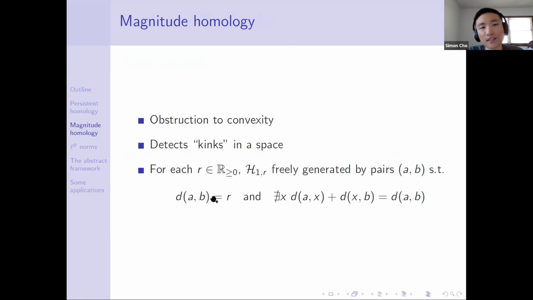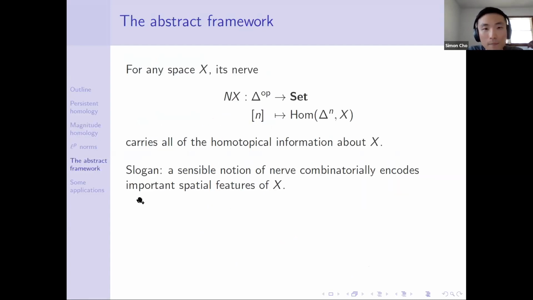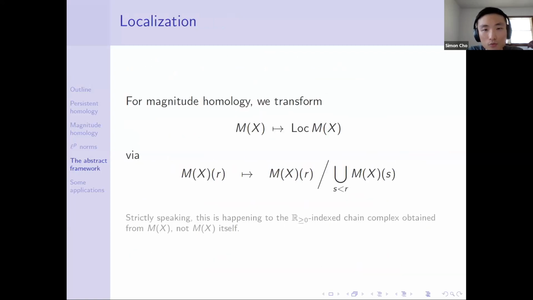Remember, this isn't a condition where this is less than or equal to R. It has to be exactly equal to R. So you're actually killing off all the information that's strictly below R. And so what you do is you take the magnitude complex at each real number R, and you just mod it out by the value of the magnitude complex at every value below R. Now, strictly speaking, we're actually talking about this happening at the chain complex level instead of the simplicial set, because simplicial sets don't have an algebraic structure a priori. You turn it into a chain complex, and then that's what you're doing here.